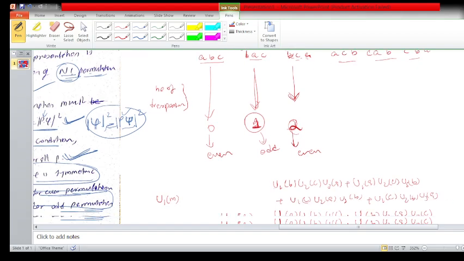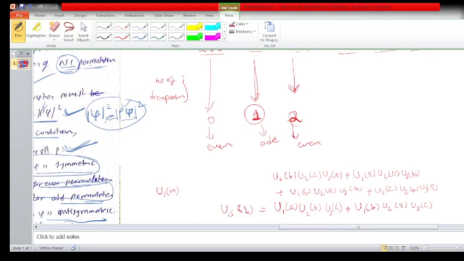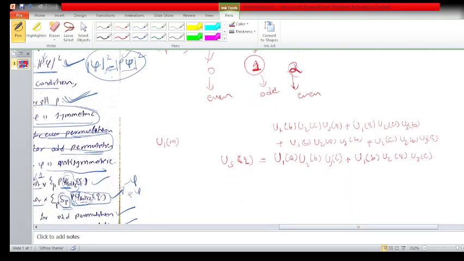So this is the case for the symmetric wave function u_s of q.